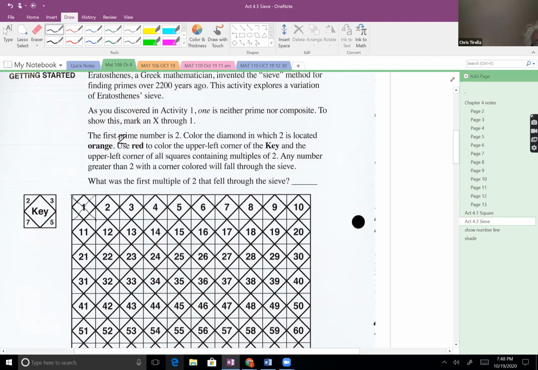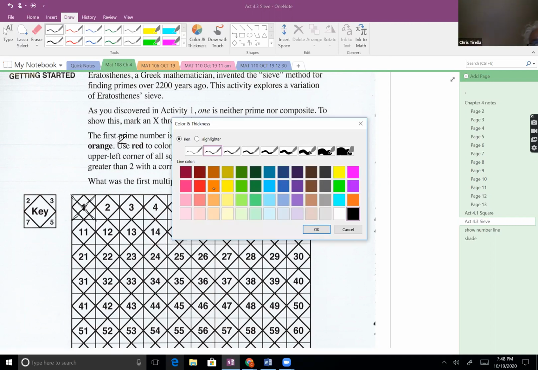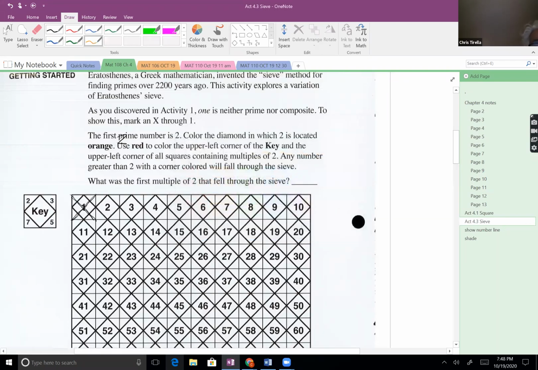It's neither. The first prime number is 2. So we want to color the diamond in which 2 is located with orange. So I'm going to color in the 2 with orange.